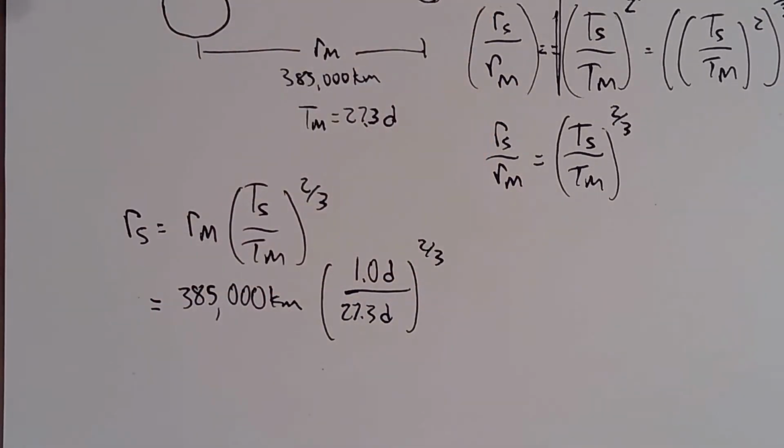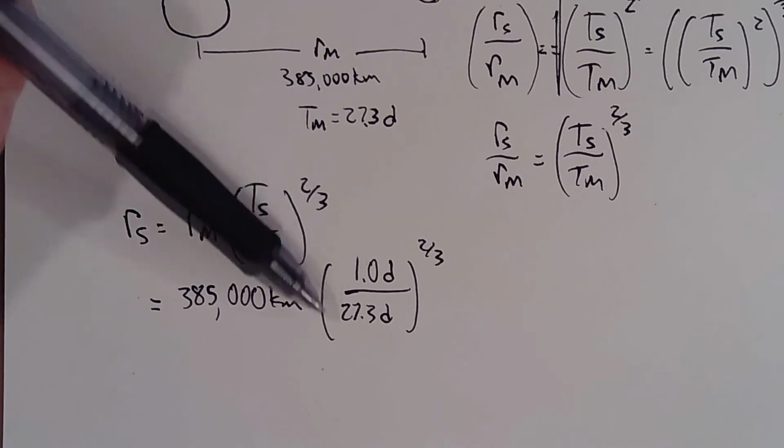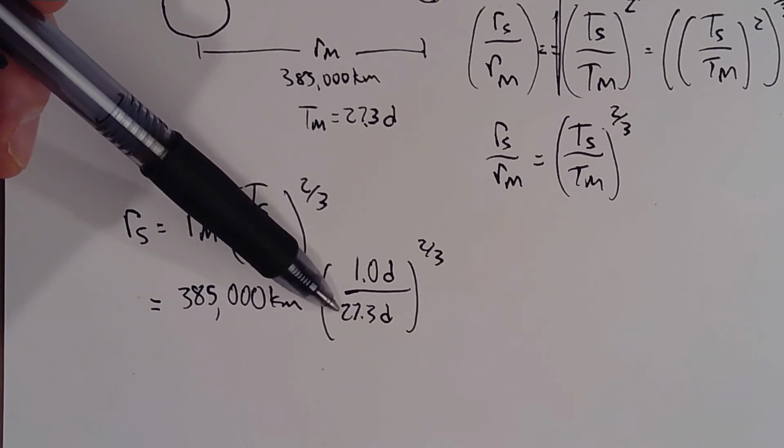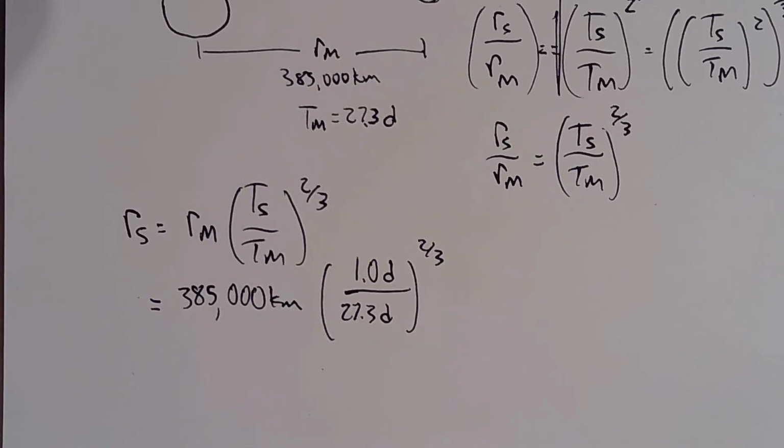Now, I could have left the orbital period of the satellite in hours and converted the orbital period of the moon to hours, but ultimately it would end up being the same fraction, so go with whatever's easiest.